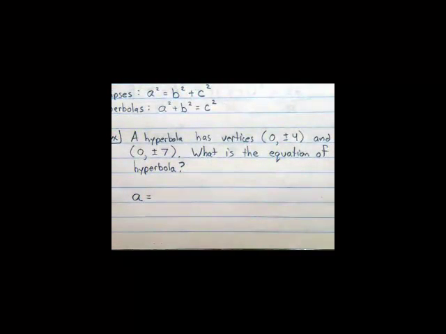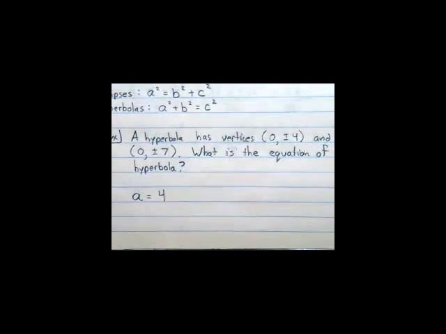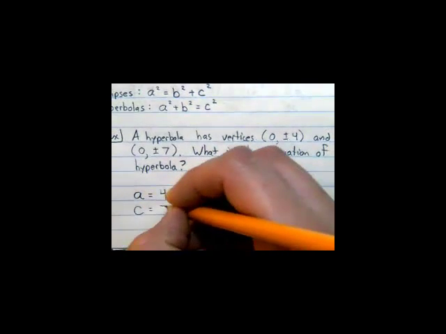What's a? Four. Okay, and I also need to find b, but I don't know that yet. However, I do know c. c is 7.